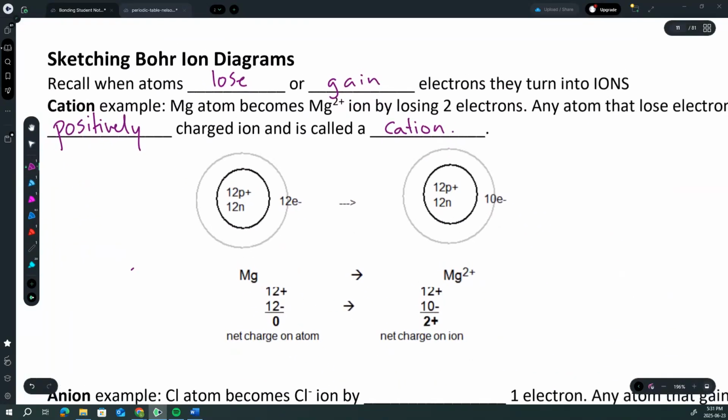These Bohr diagrams aren't accurate because you should be showing each energy level, but the whole point of these diagrams is to illustrate that the magnesium atom, as it becomes an ion, loses 2 electrons there.